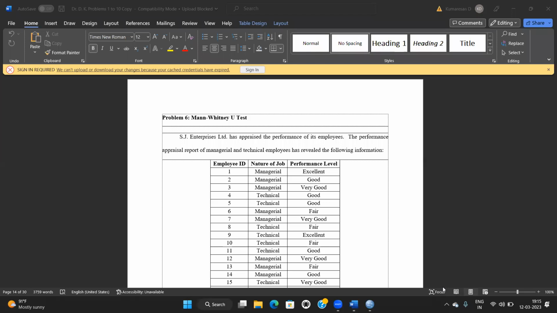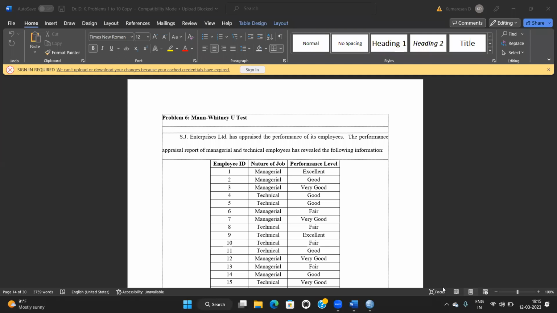Based on the literature, on similar studies, which test was used, based on that you can select the test. And regarding the data, if you have collected the data in the form of scale data, you can apply independent sample t-test.